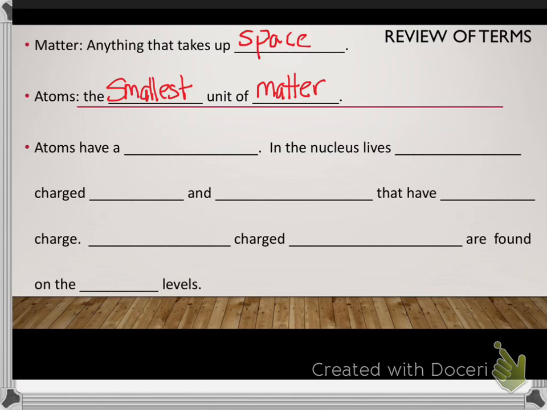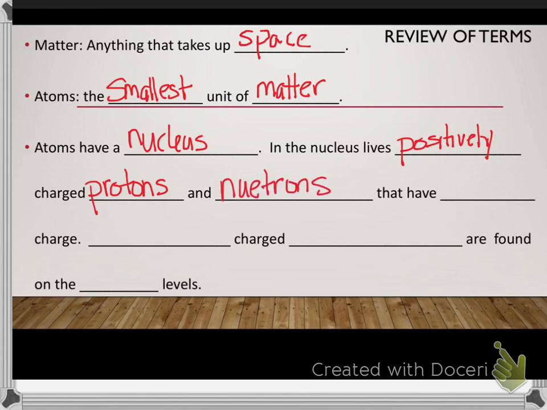Atoms are made up of protons, electrons, and neutrons, which you know because we just finished that, but just to remind you, they have a nucleus. Inside the nucleus live positively charged protons, and the neutrons have no charge. The way I remember that is that neutron starts with an N, like neutral, and proton starts with a P for positive.